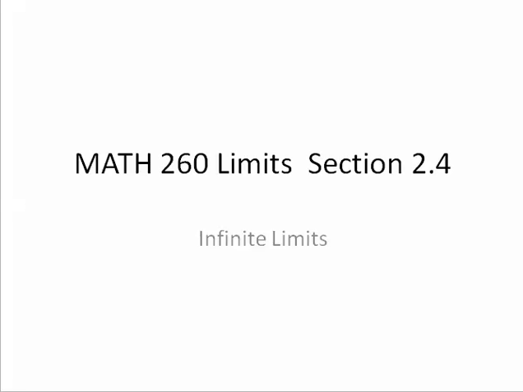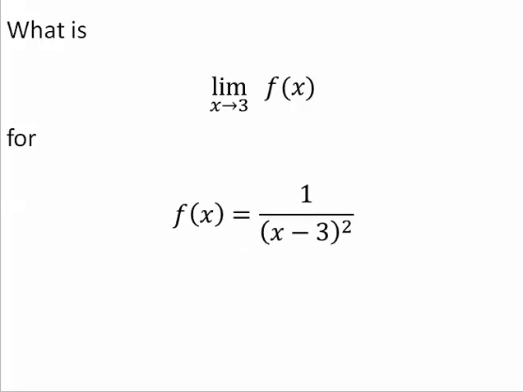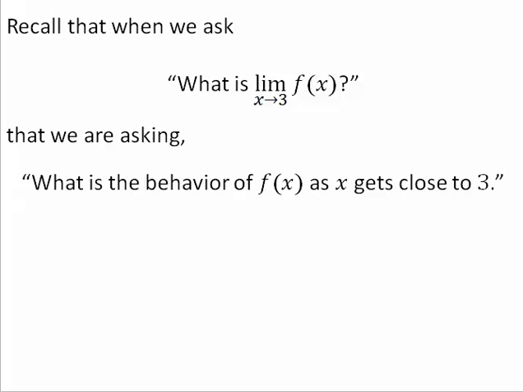Section 2.4, Infinite Limits. What is the limit of f as x approaches 3? Recall that when we ask what is the limit, we are asking what is the behavior of the function as x gets close to 3.